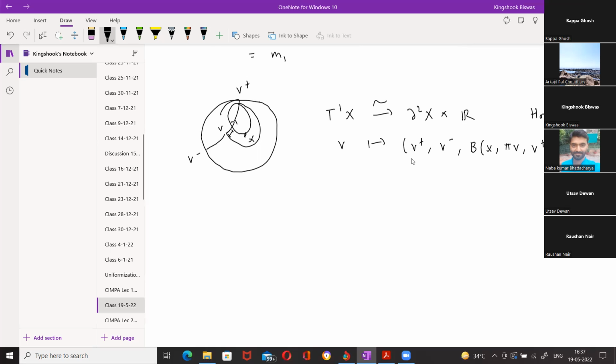And what happens is the geodesic flow here gets conjugated to the flow of translations in the R coordinate here. If I move by t, then this Busemann function changes by t, all right?